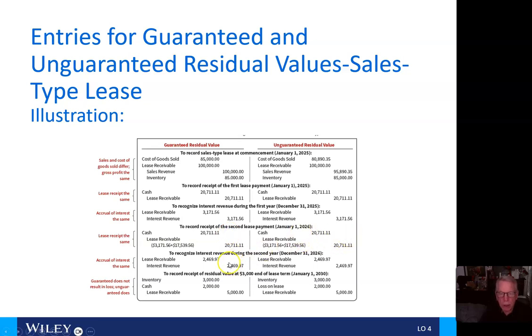And the interest revenue will be the same here. And then as we record the final residual value at $3,000, our inventory will increase by $3,000, cash will increase by $2,000, and the lease receivable will be $5,000 in both the guaranteed residual value and the unguaranteed residual value scenarios. Okay.